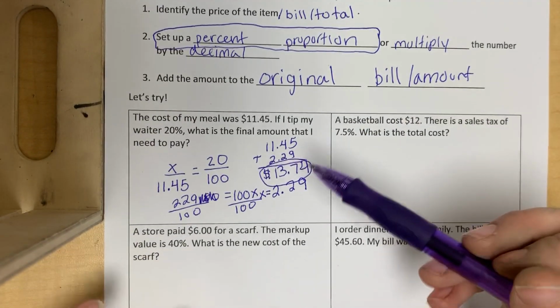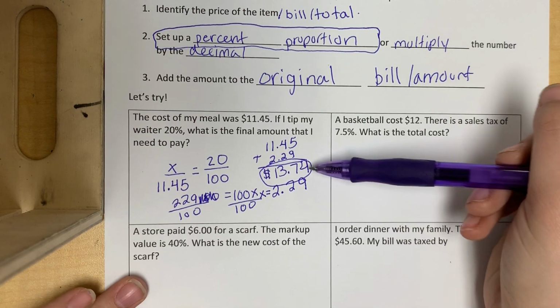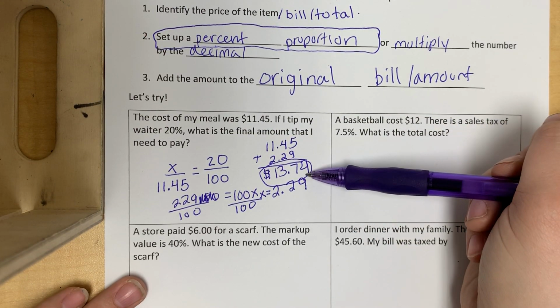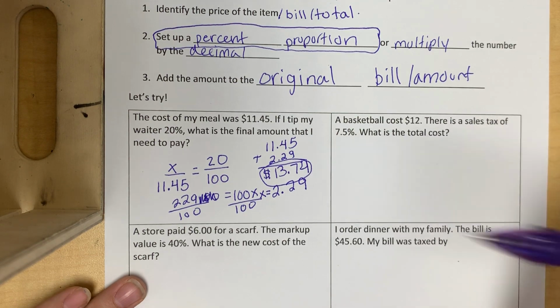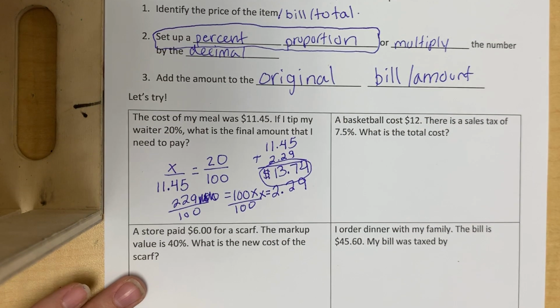So again, you find how much you are tipping, and then if it's asking for the final amount, you add it to the original. If it's just asking how much you are giving your waiter, then you would just find that 20% of that amount and give me that number.